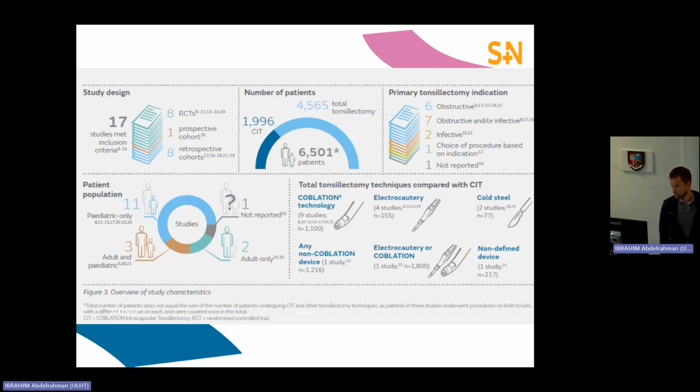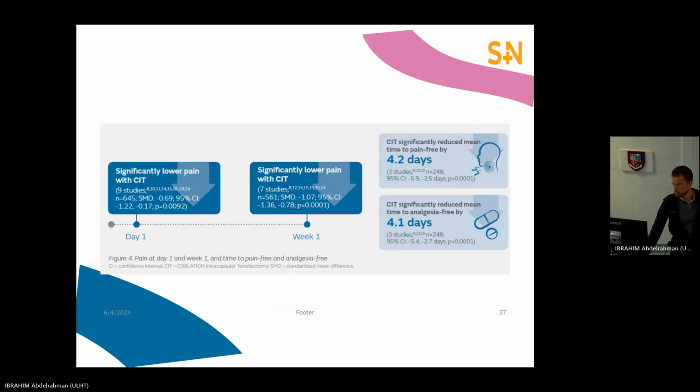There were 17 papers included. 15 of them were predominantly kids, 2 of them were adults and kids, so mostly pediatrics. There's a variety of techniques in there, obviously. You've got coblation with 9 studies, but you've got different techniques which will typically be used for the total tonsillectomy. It includes obstructive and infective indications.